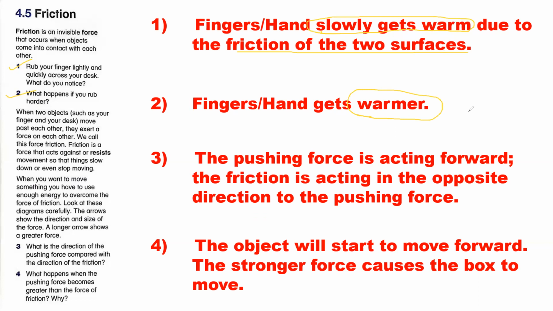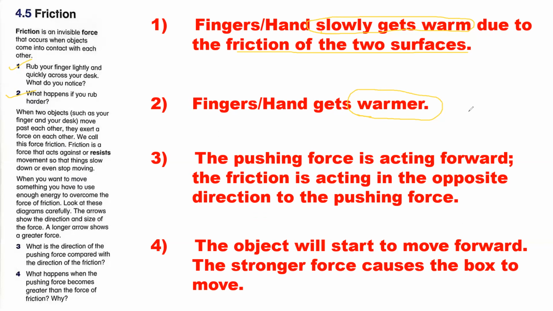It's because when two surfaces are in contact with each other, they cause friction, right? This friction also causes heat energy, and the heat energy in turn makes your hands or fingers become warmer. That is why. So far so good.